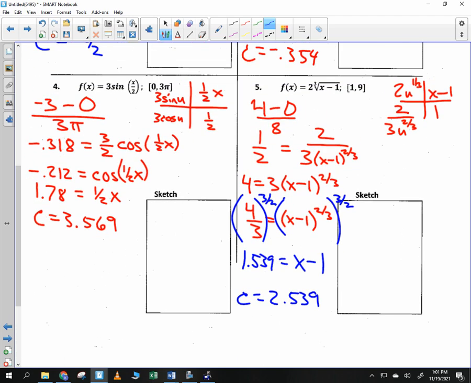Is that in our interval? It is. And so the mean value theorem comes true again. Thank you. And that is that. Okay? You are ready to proceed with the rest of your mean value theorem worksheet.